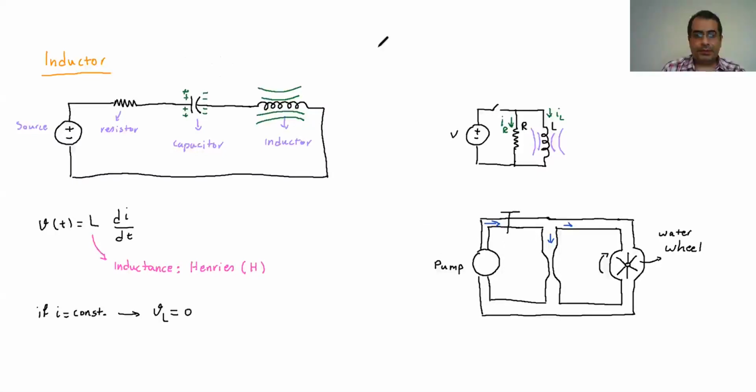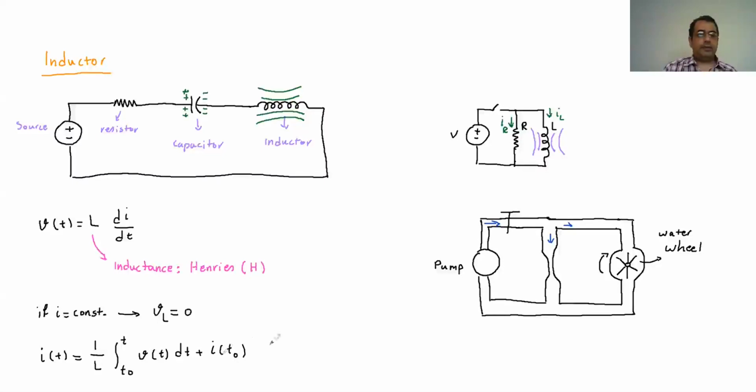And the one last thing before I move on is that here, if we want to calculate the I in the inductance, the I is going to be defined as 1 over L times the integral from T0 to T of V(t) dt plus I(T0).